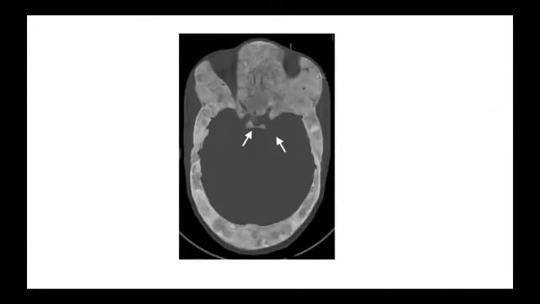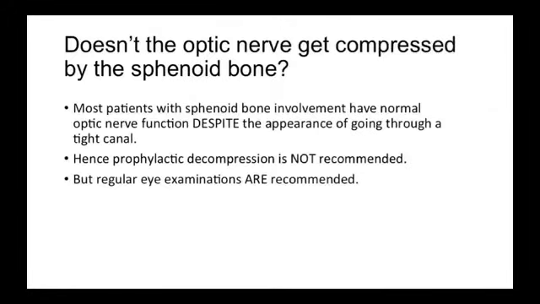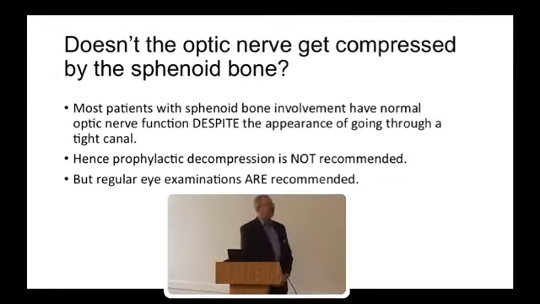Just another picture. So, doesn't the optic nerve get compressed in an adverse way that makes it so you don't see? Really, the answer is, in most cases, no. And again, as Dr. Lee said, we don't recommend people prophylactically, just to prevent a future problem, doing any kind of surgery to open up the canal.